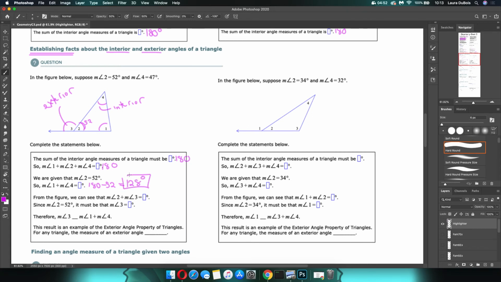There we go. So we also see that the measure of angles 2 and 3 are going to add up to 180 because, again, angle addition, it makes a straight angle. So since the measure of angle 2 is 52 degrees, then this must also be 128. See, we're starting to get that repetition.